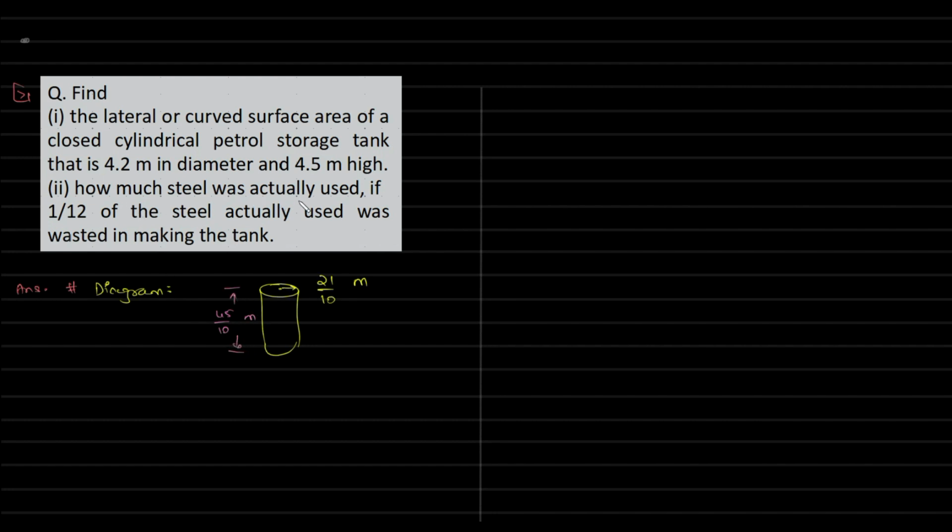How much steel was actually used if 1/12 of the steel actually used was wasted making the tank? So whatever steel was used over here in making this, not all of it was used, only the majority of the part was used, but some part was wasted. So that wasted part is 1/12 of this entire thing.